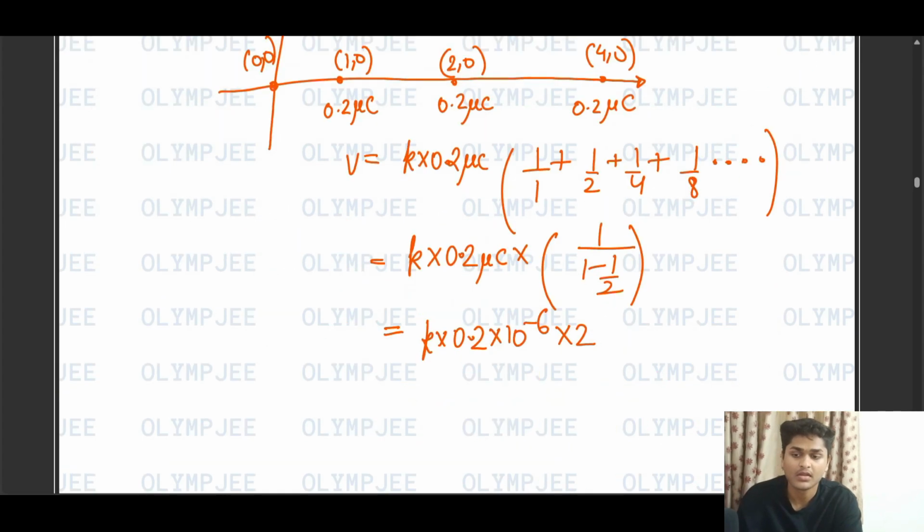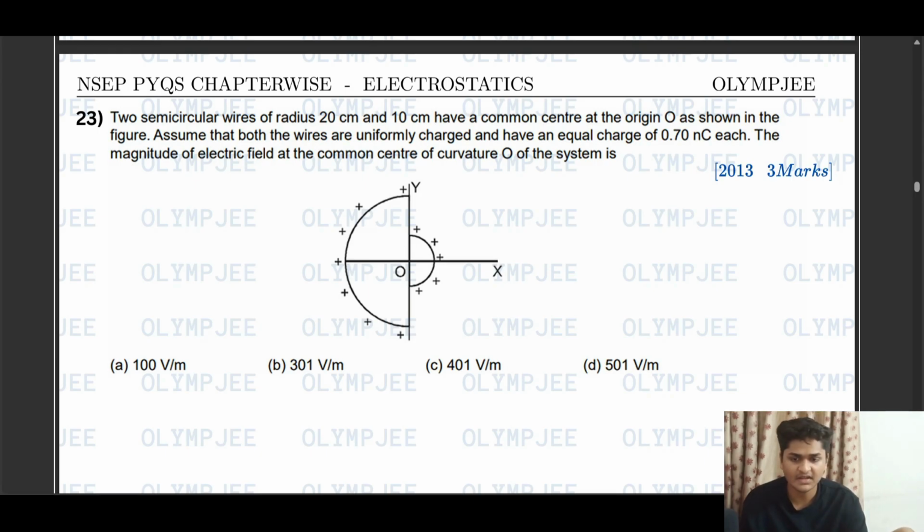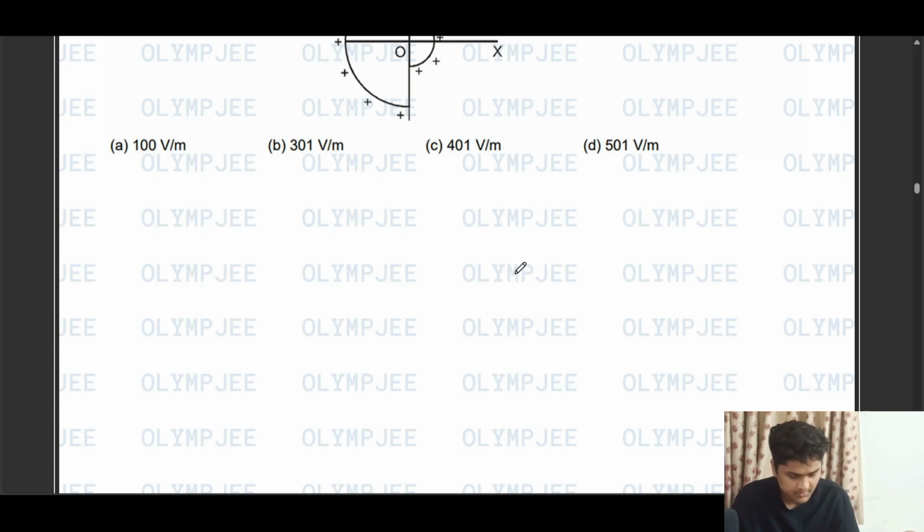You can calculate. Question 23 says two semicircular wires of radius 20 and 10 have a common center at origin O as shown in the figure. Assume that both the wires are uniformly charged and have an equal charge of 0.7 nanocoulomb each. The magnitude of field at common center is given by. So due to a semicircle, we can calculate the field.